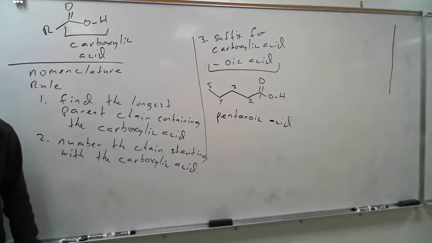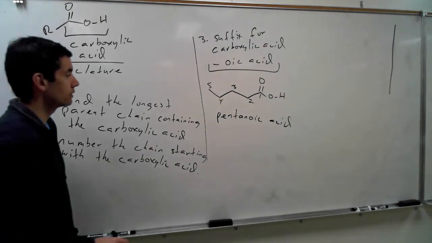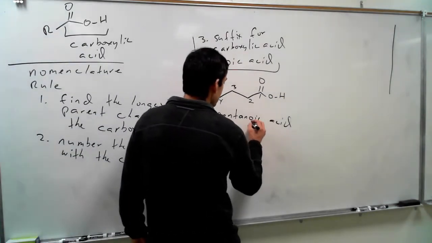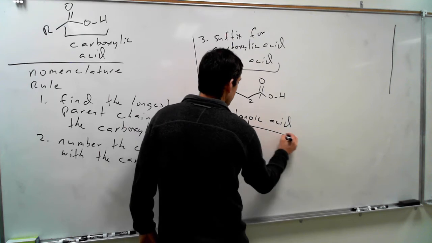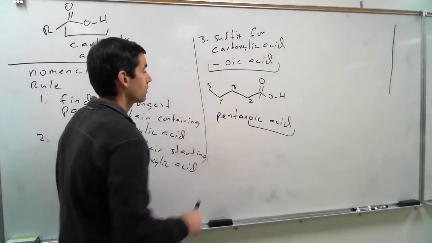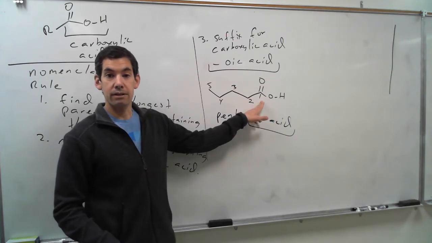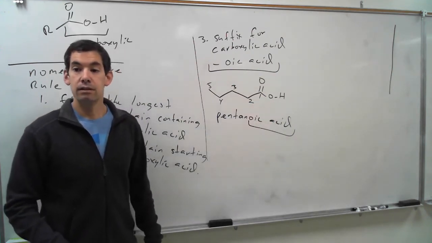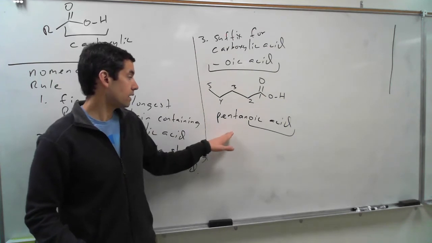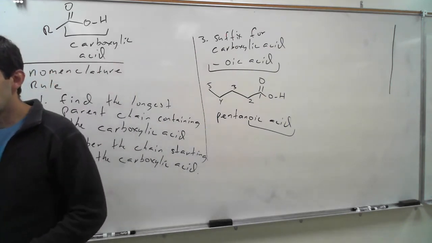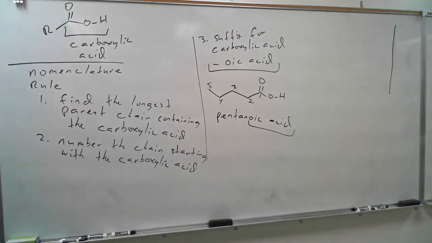Okay, pentanoic acid. This is going to be our name. Again, this represents that we have a carboxylic acid here, right? We didn't need to put a number out here because we know that carbon 1 is going to be where our carboxylic acid is, okay? So we started with something kind of simple here in terms of pentanoic acid. So let's go ahead and try something with a couple more groups attached to it.